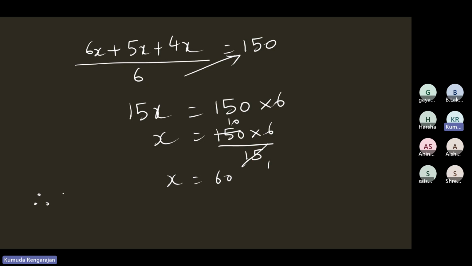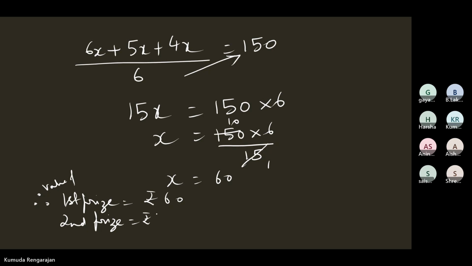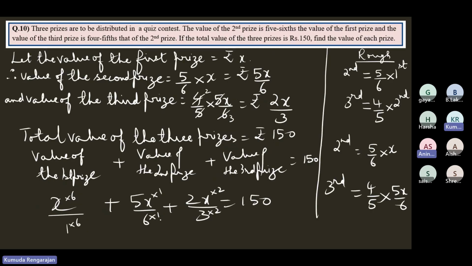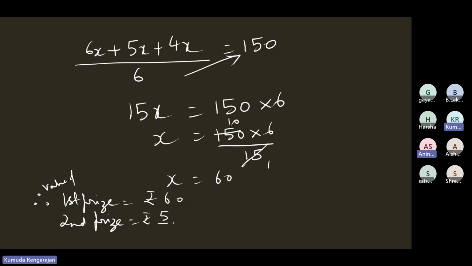Therefore, the value of the first price is rupees 60. You need to write the value, children, not directly first price. Value of first price is 60. Value of the second price is 5 by 6 into 60, which is 50.